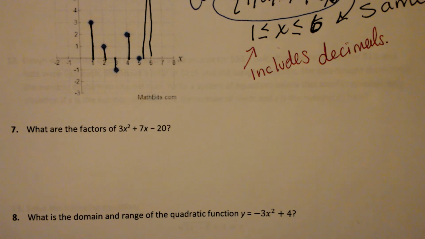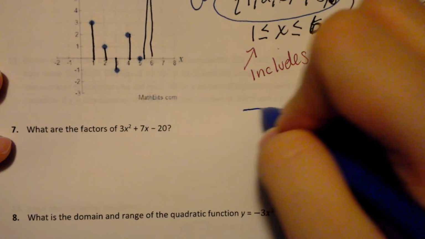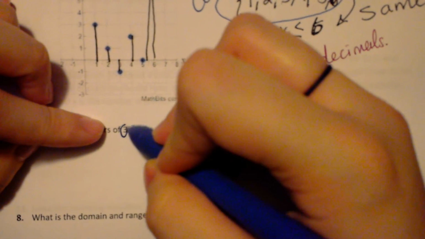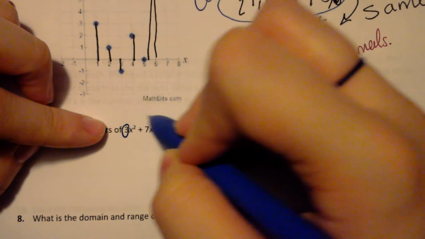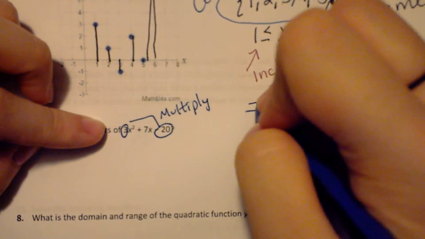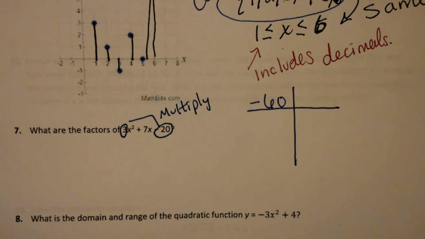Number 7, what are the factors of 3x squared plus 7x minus 20? That's where we did the table in the box. Take the first and the last and multiply. 3 times negative 20 is negative 60.